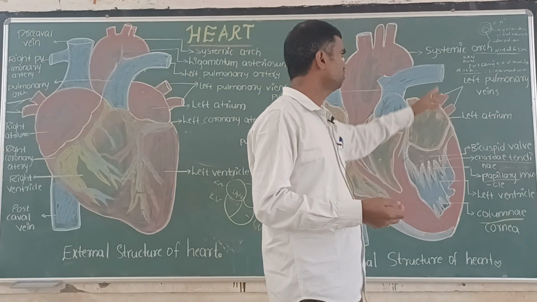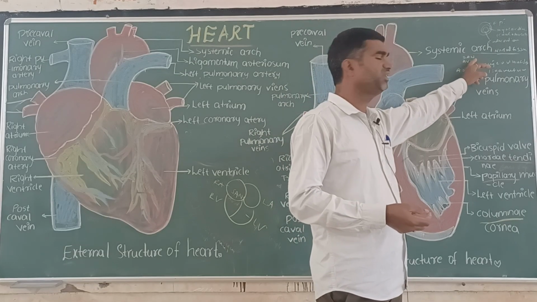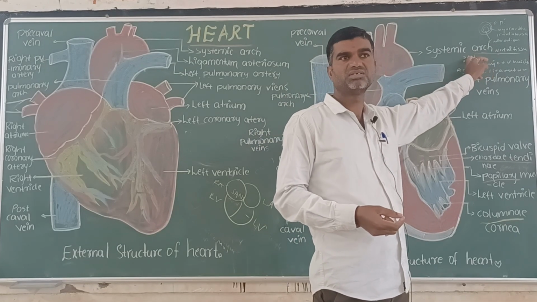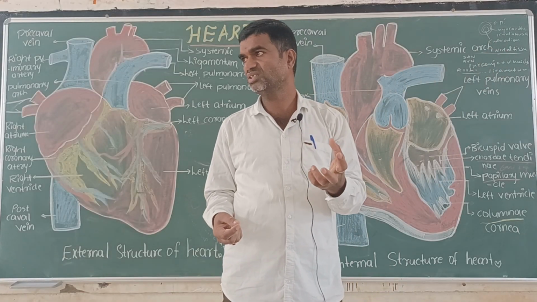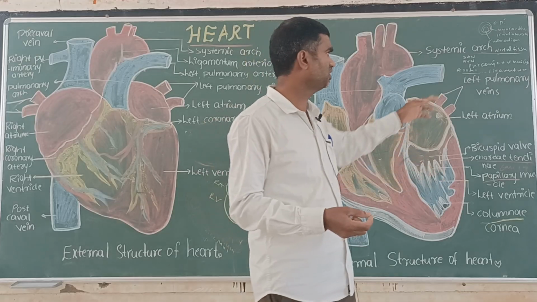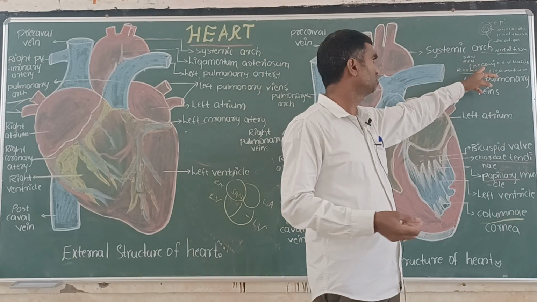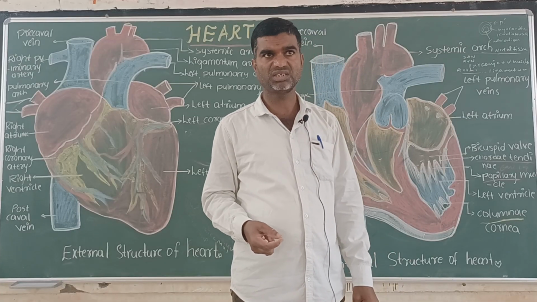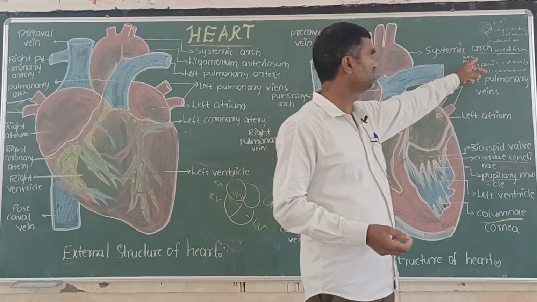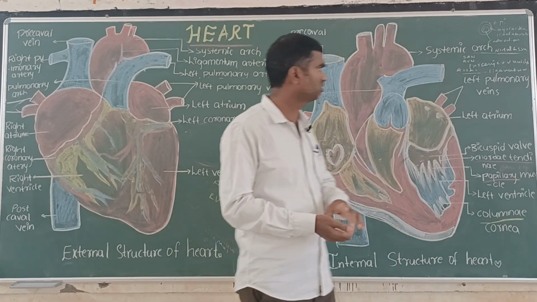So SAN and AVN: the main function of the SAN is producing the sound called lub and dub. The AVN, atrioventricular node, and these are special musculature tissues, which we call nodal tissues, okay.